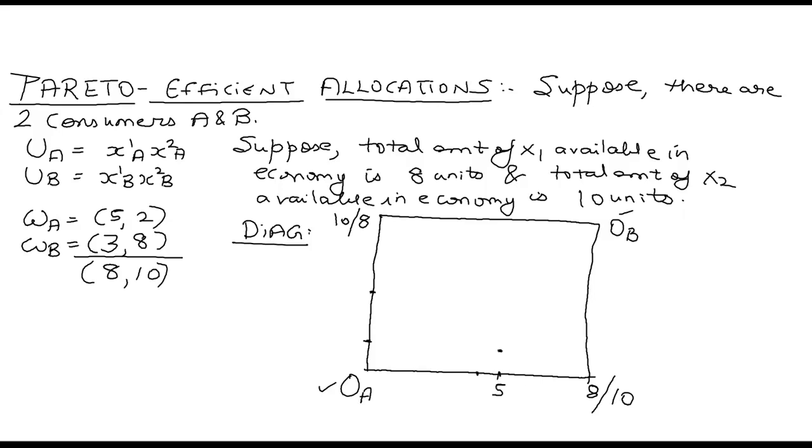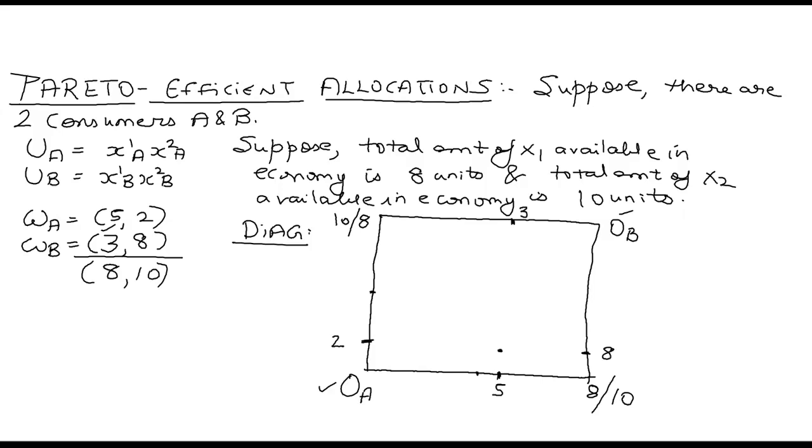So this is 5. This is 2. From A's origin, if this is 5, then from B's origin, this is 3. And from A's origin, if this is 2, then from B's origin, this is 8.